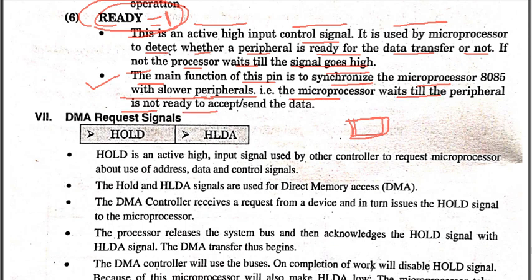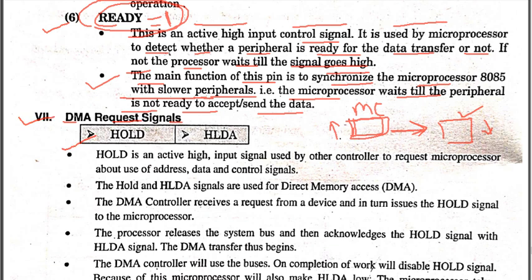So the microprocessor waits till the device is ready to accept the sent data. ठीक है, तो बहुत बार क्या होता है कि हम लो स्पीड डिवाइसेस इंटरफेस करते, मीन्स कनेक्ट करते माइक्रोप्रोसेसर के साथ। उस टाइम जो डिवाइस हमने कनेक्ट किया उसका स्पीड कम है as compared to the microprocessor, because microprocessor का स्पीड उससे ज़्यादा है। So at that time there is a synchronization needed between these two machines. So for that purpose this READY pin comes into the picture.